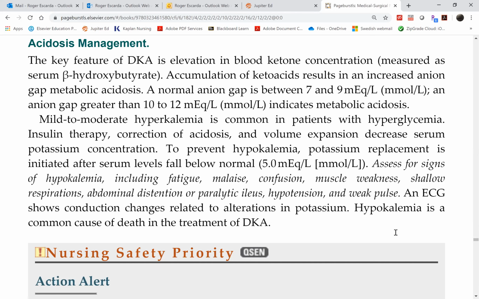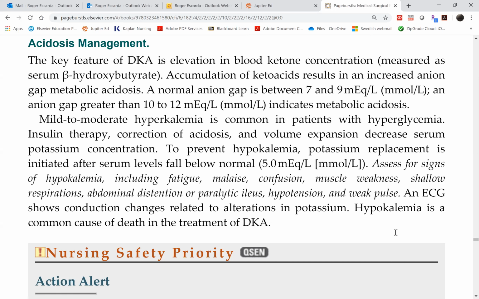Are you giving this patient regular insulin IV? Yes, this patient is receiving IV insulin infusion continuously. So what will happen to the patient's potassium level? It will decrease.